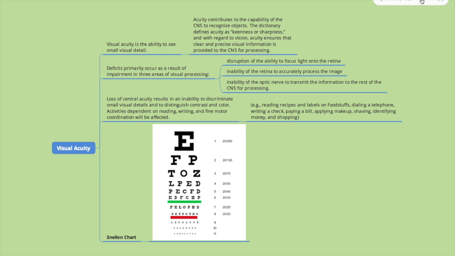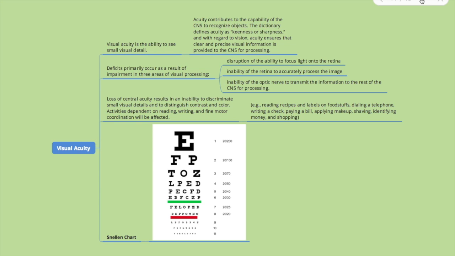Visual acuity is the ability to see very small visual details. Deficits within this area are due to disruption of the ability to focus light on the retina, inability of the retina to accurately process the image, and inability of the optic nerve to transmit the information to the rest of the CNS.